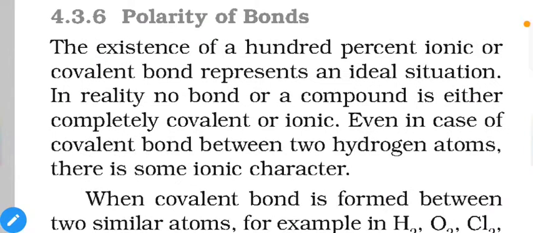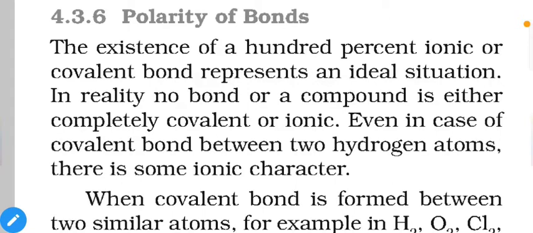Now let us move on to our next point, polarity of bonds. In simple terms, what can we say about polarity? Poles mean ends. Anything which has ends we can call poles, just like the South Pole and North Pole, which are the two ends of the Earth.